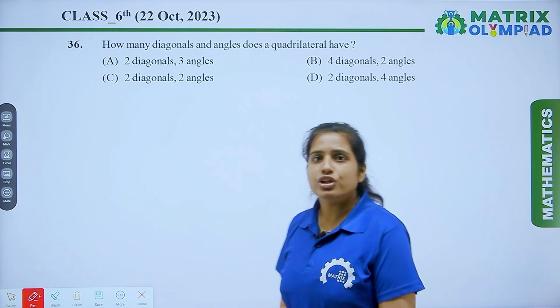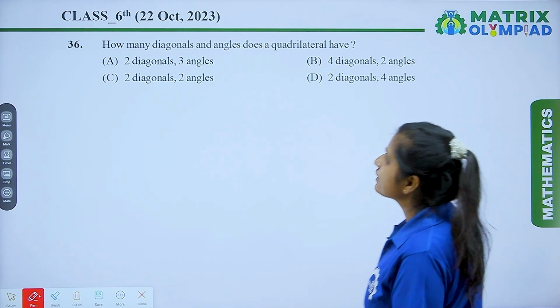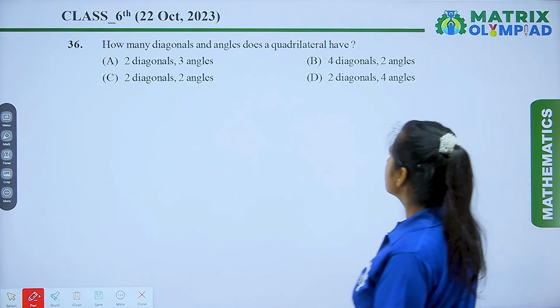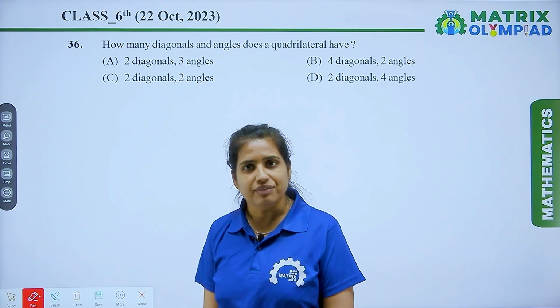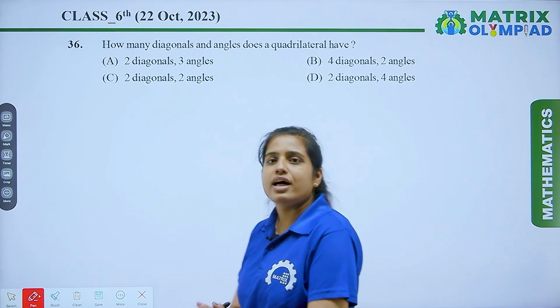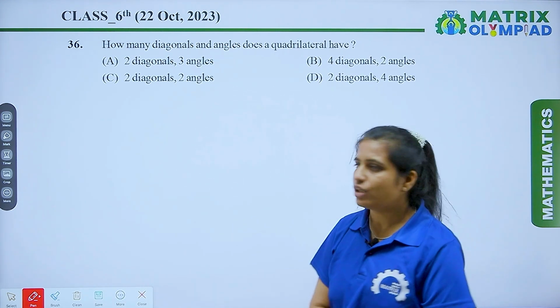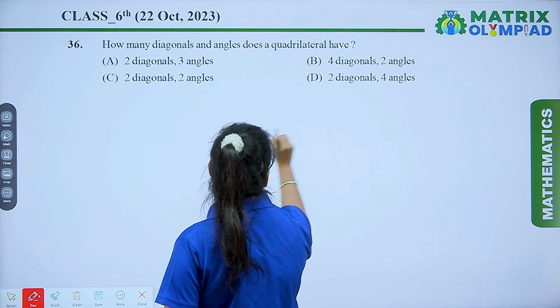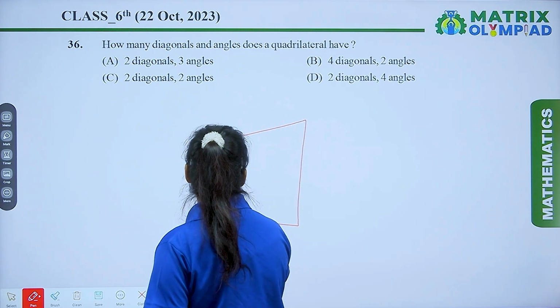Now the next question is question number 36. How many diagonals and angles does a quadrilateral have? Now let's make a quadrilateral and find out how many diagonals and angles are there in a quadrilateral. So it is a four-sided figure.